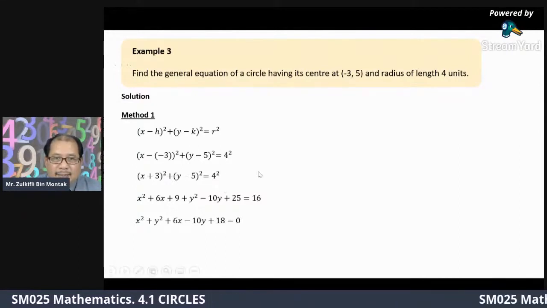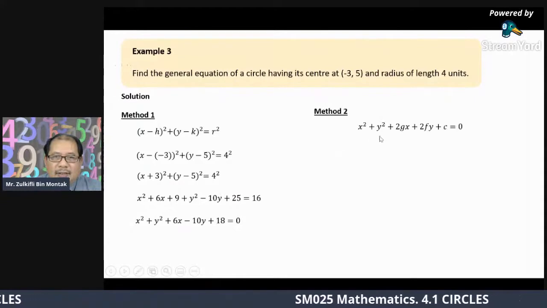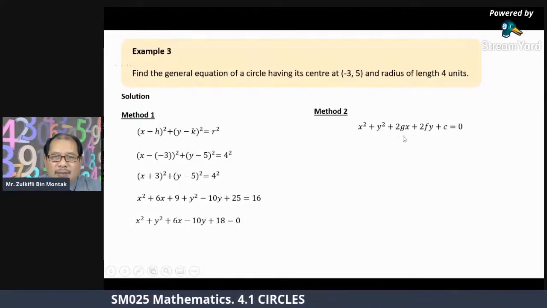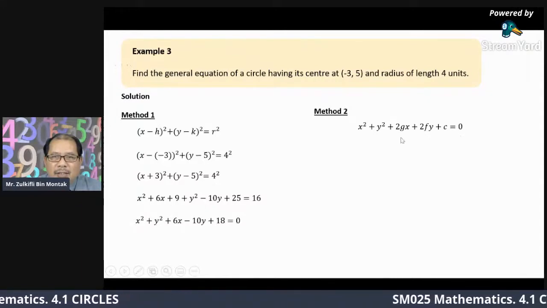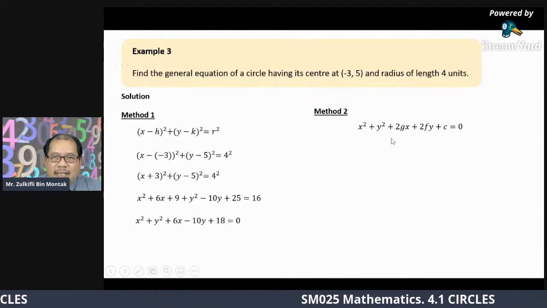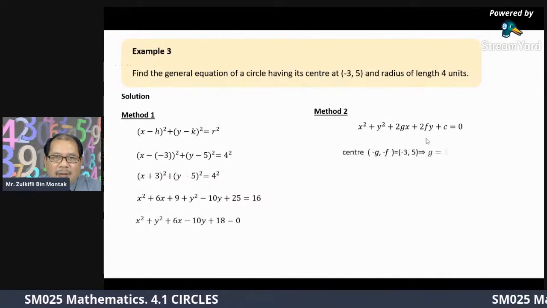Another method, the second method, we use a general equation x squared plus y squared plus 2gx plus 2fy plus c equal to 0. Now we find the value of g, the value of f, and the value of c by comparing.